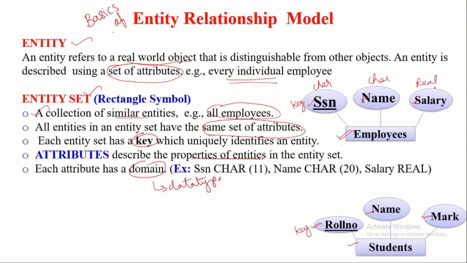Whereas in the student entity set, the domain of roll number is character, for name it is character, and for marks it is integer. Every attribute is represented by an oval symbol. Here, the domain information could also be listed along with the attribute name, but it is omitted here to keep the figures compact.